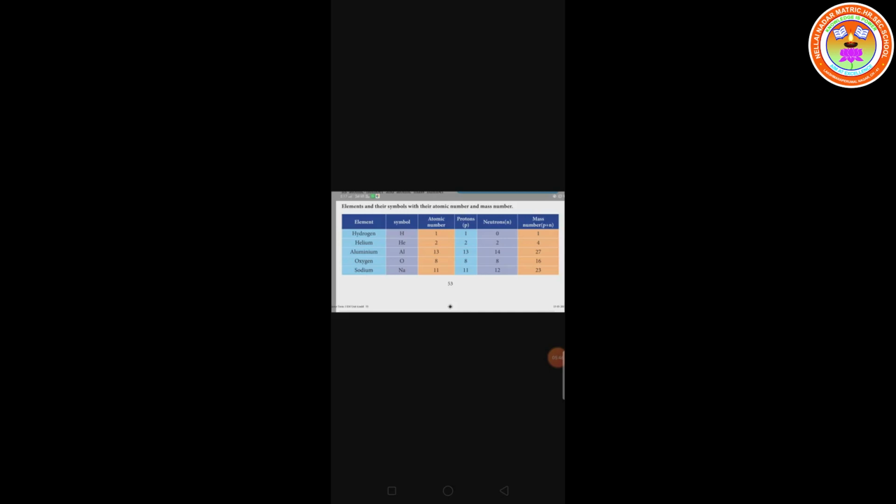The last element is sodium. The symbol is Na. Natrium is a Latin word. So from that natrium, the symbol is Na.